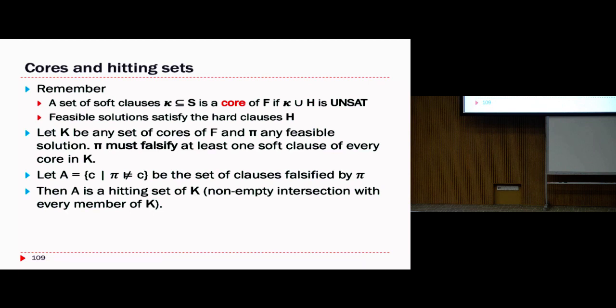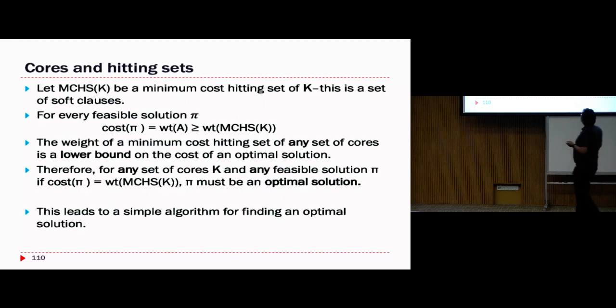So the minimum cost hitting set is a lower bound on this cost. So if we have a bunch of cores, K, and we compute a minimum cost hitting set, then for every feasible solution, the cost must be at least as big as the cost of this minimum cost hitting set. And so you get this lower bound. And in fact, you can show that if these two meet, then that truth assignment must be optimal.